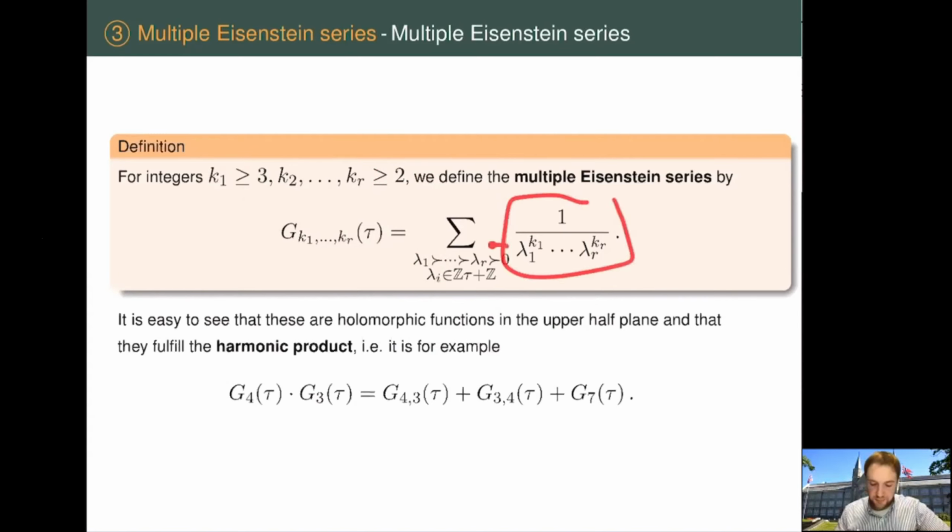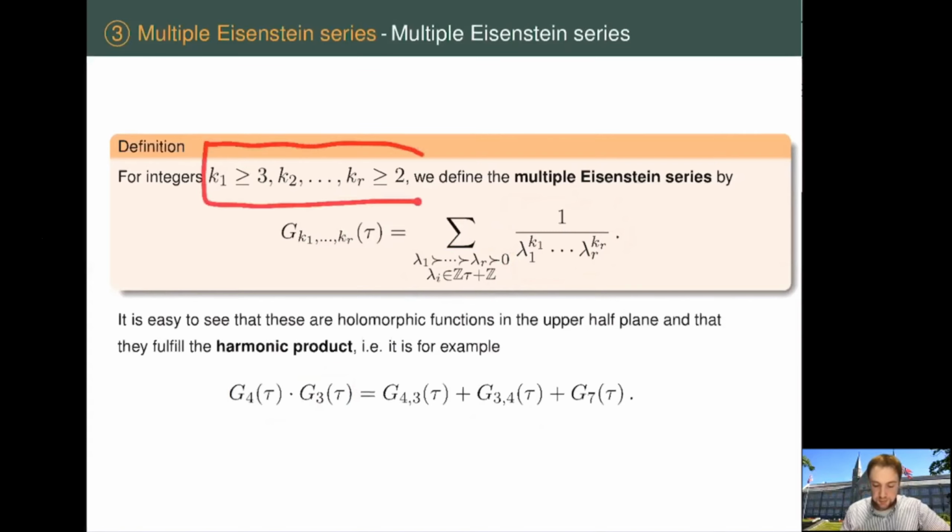We just cared that if I multiply two of them, I can distinguish these different cases. Therefore, if I multiply, for example, G4 with G3, I can do the same argument and also get that this harmonic product formula holds for these multiple Eisenstein series. But of course, this just makes sense when k1 is greater or equal to 3 and the rest are greater or equal to 2.